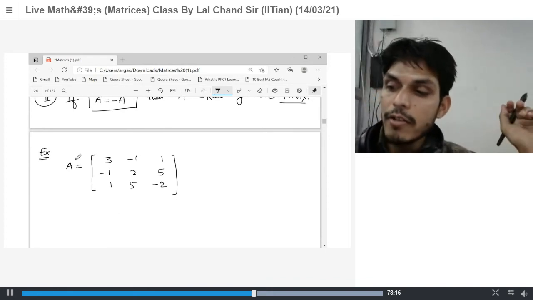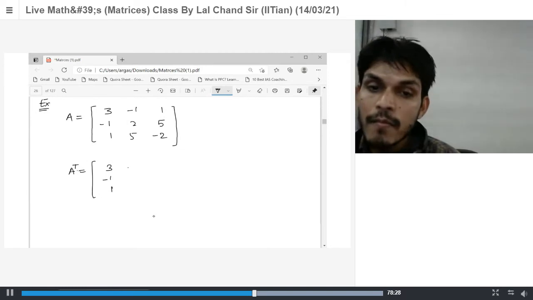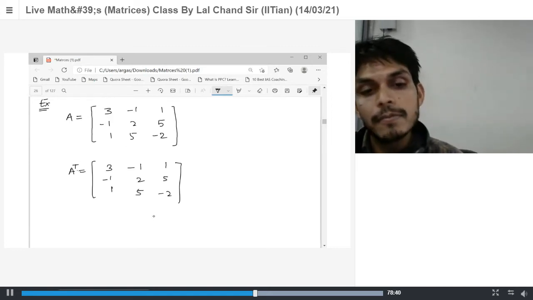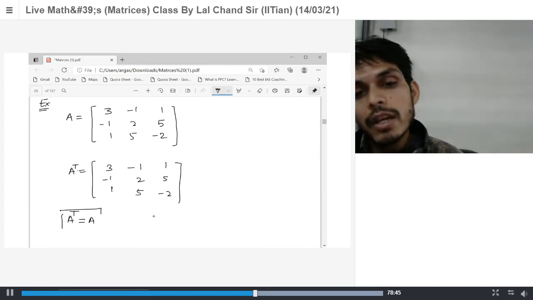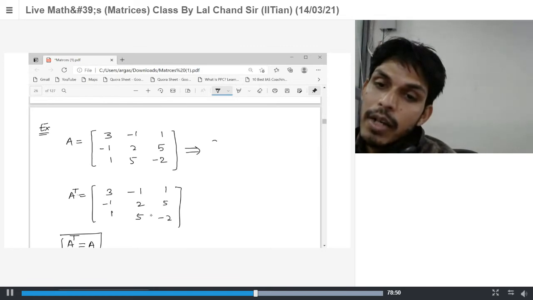Now if I try to find out A transpose, what is the value of A transpose? I have 3 minus 1 plus 1, then minus 1, 2, 5, 1. Now if I check, all elements are equal. So we can say A transpose is equal to A. So this is an example of a symmetric matrix.